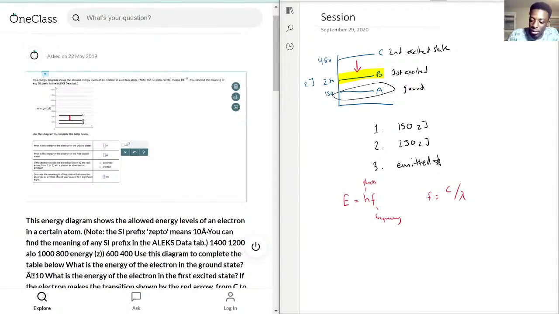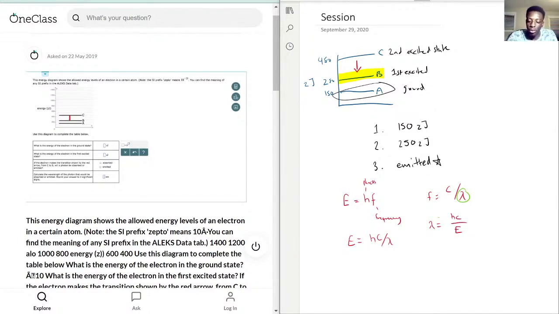We are looking for the wavelength. So let's do a little modifying here. In a sense we have energy is equal to hc over wavelength. So knowing that, we really just have wavelength is equal to hc over energy.